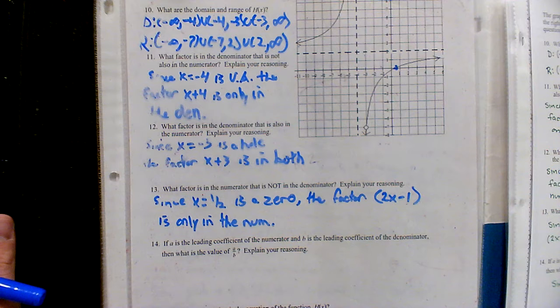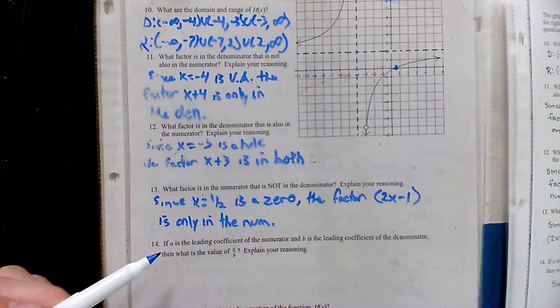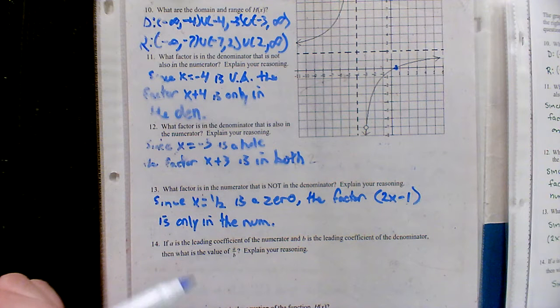All right, 14. If a is the leading coefficient of the numerator and b is the leading coefficient of the denominator, what is the value of a divided by b? So they don't necessarily want you to tell them what a is, what b is, but what is a divided by b? What does that have to be? Go ahead.